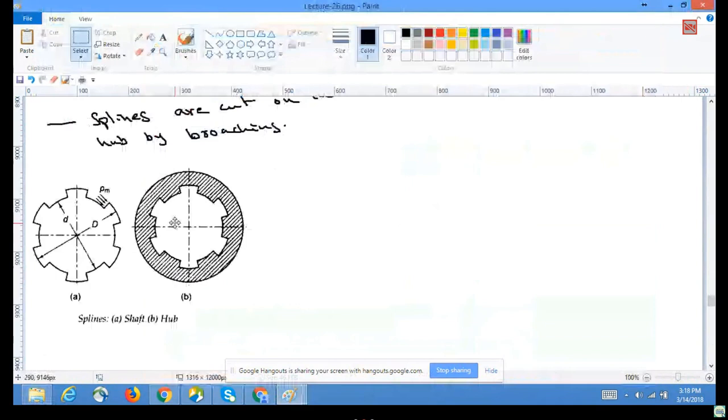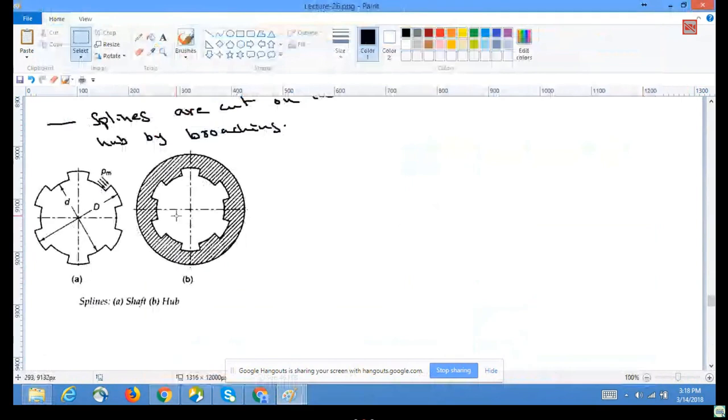So these are on the shaft. These are the splines, and this is in the hub, and they are matching.